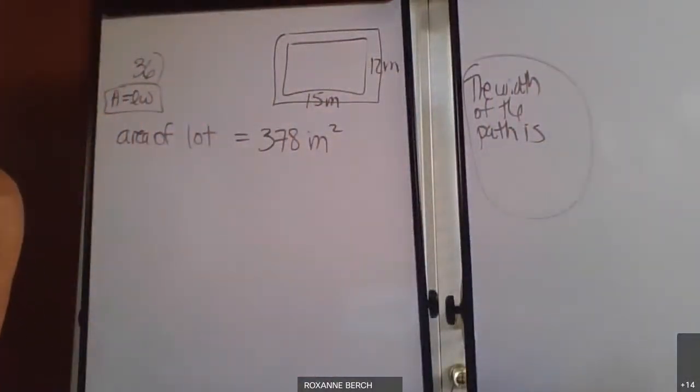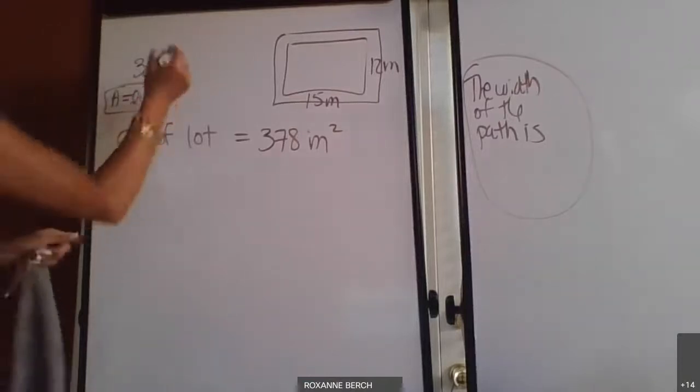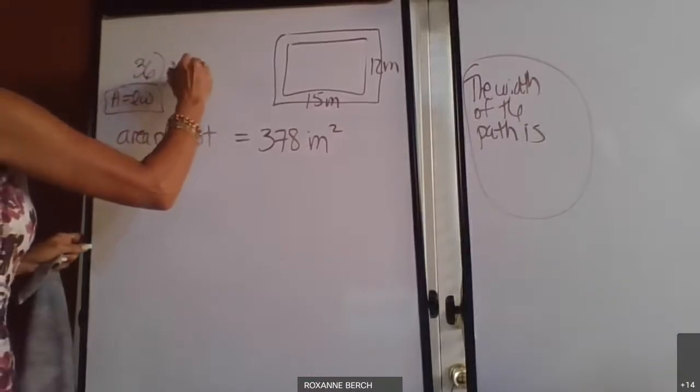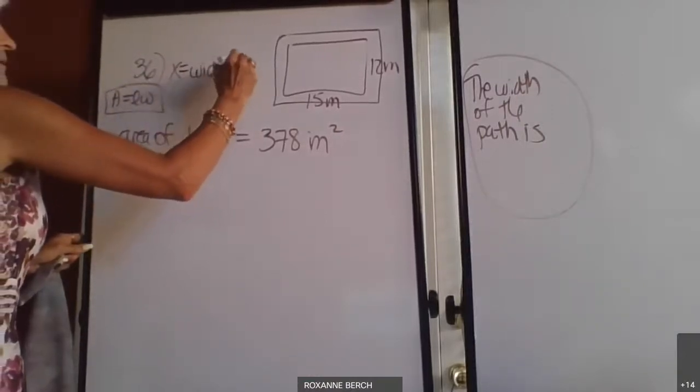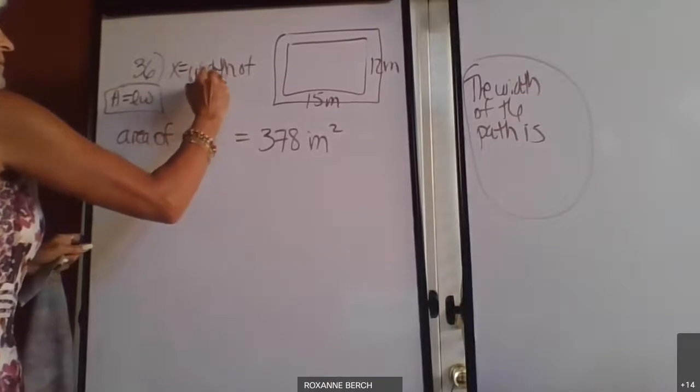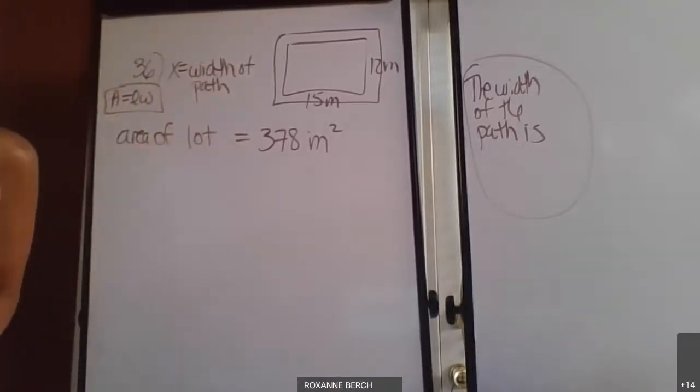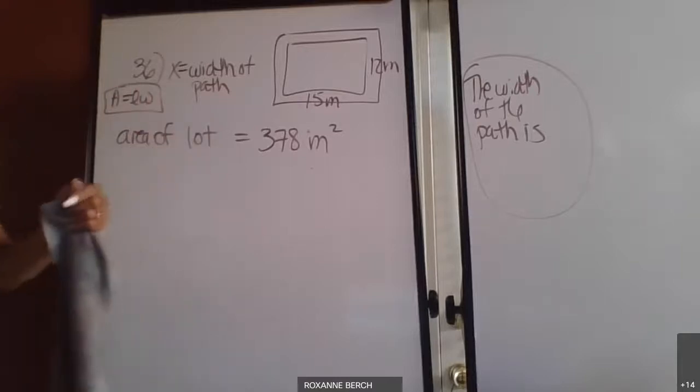Okay, so number 36. Find the width of the path. Okay, so we'll let x be the width of the path. What are we going to do? Well, wouldn't we do what we did before?